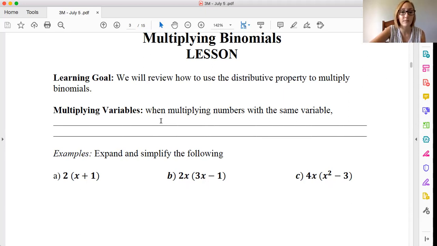So when multiplying numbers with the same variables, it's very repetitive.